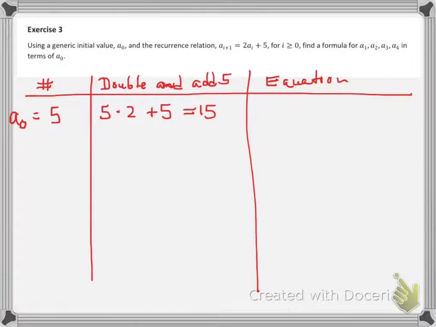Well, let's write an equation for this situation if we didn't know what the initial number was. If we didn't know that it was a 5, well, wouldn't the 5 be A sub 0, so the number we start with? Wouldn't we multiply it by 2?